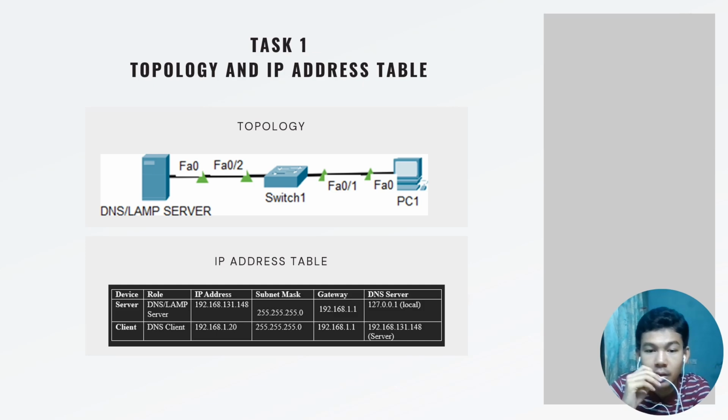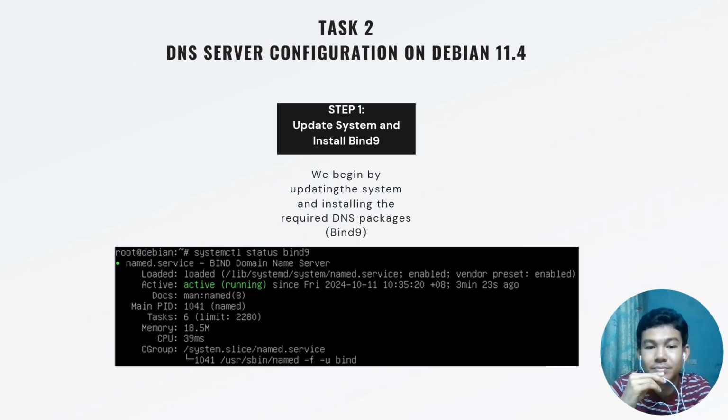The DNS server local is 127.0.0.1. The client is the PC, with IP address 192.168.1.20 for the DNS server, following the server IP address to get the IP address for DNS, 192.168.131.148.